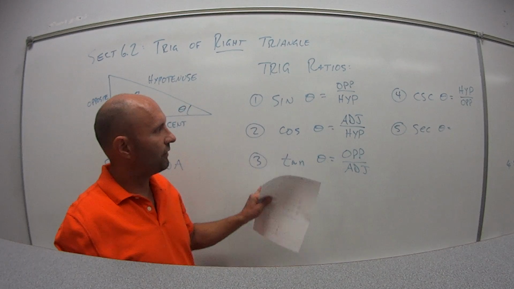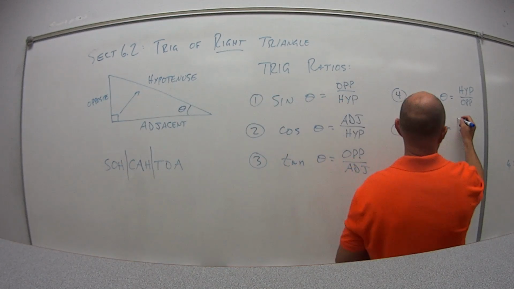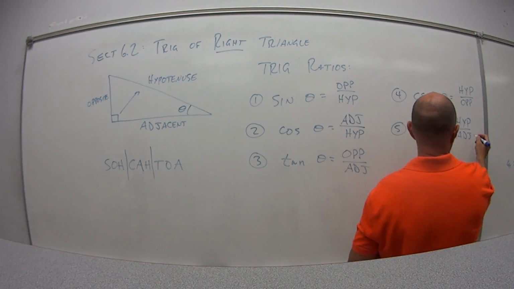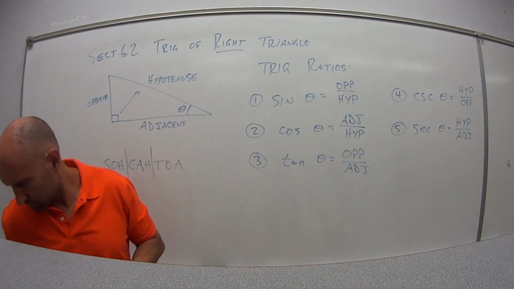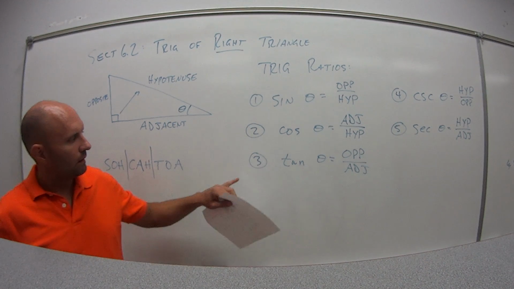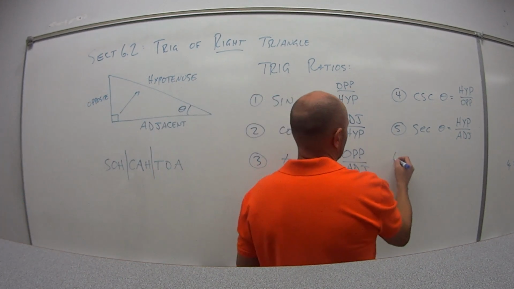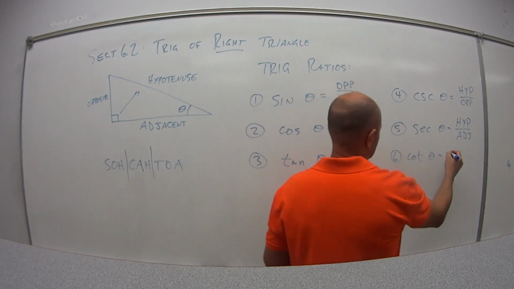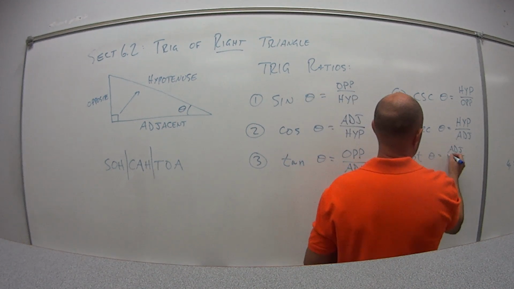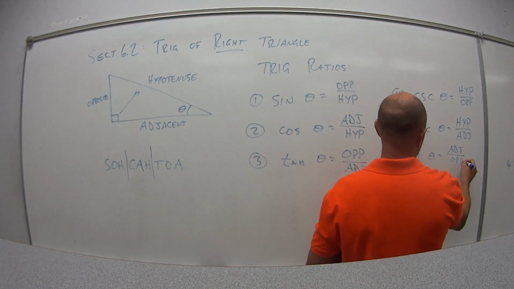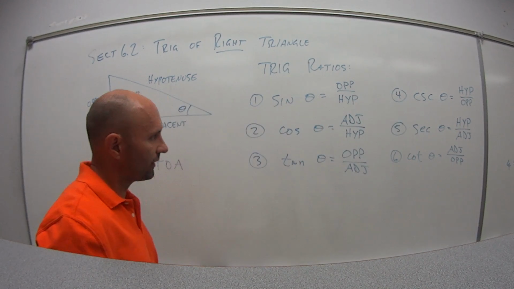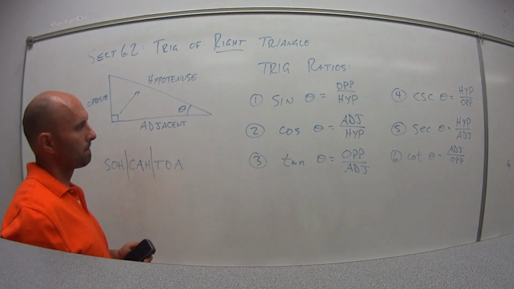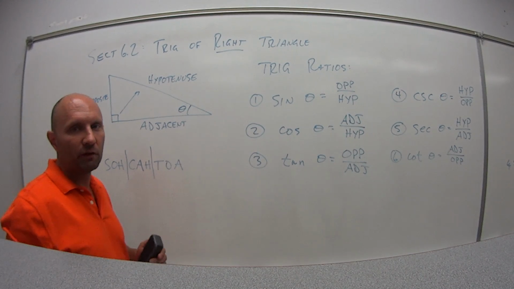So secant of theta, we flip it, so it's hypotenuse over adjacent. And then lastly, with tangent is cotangent. So cotangent of theta is the length of the adjacent side over the length of the opposite side. All right, make sure you have those down.